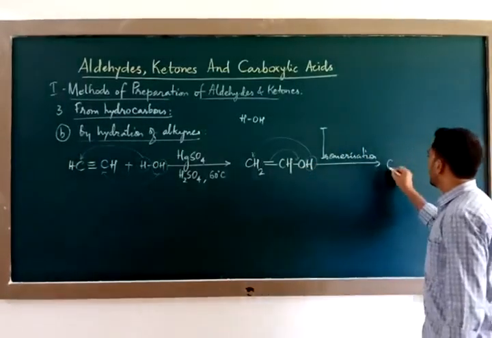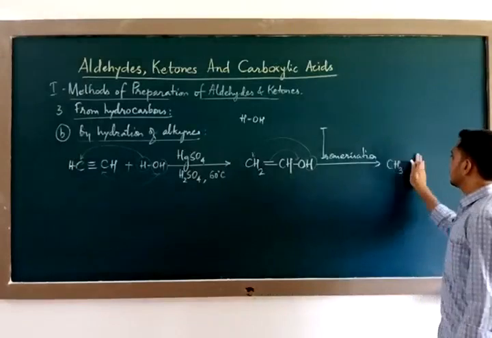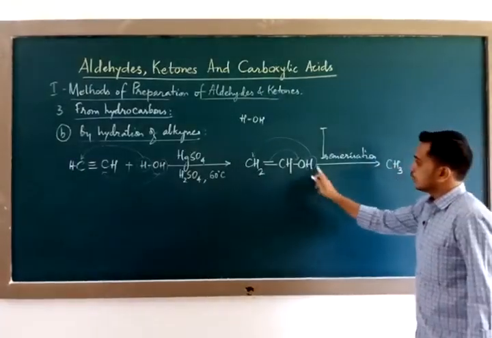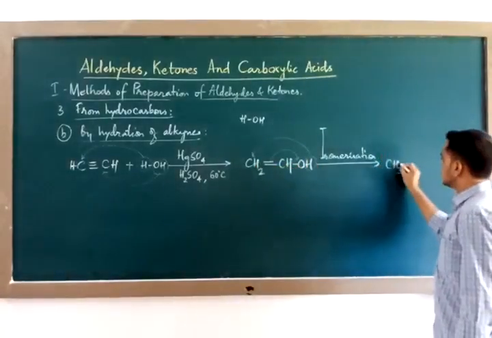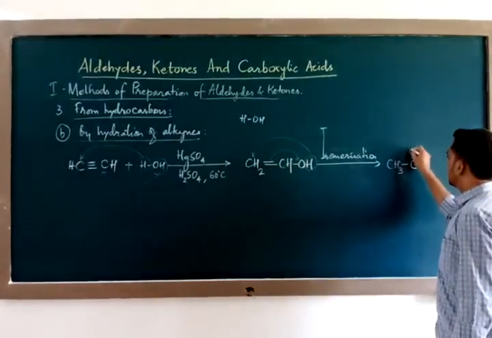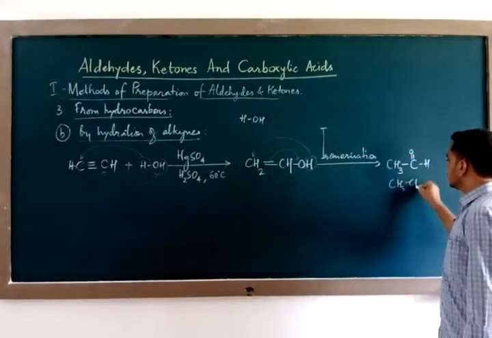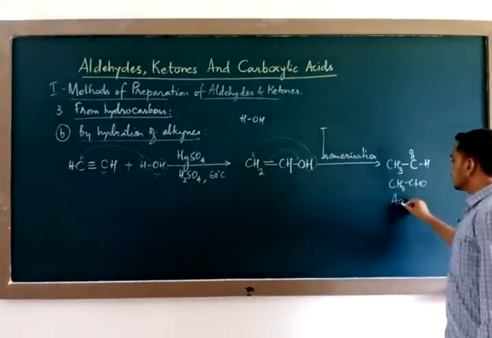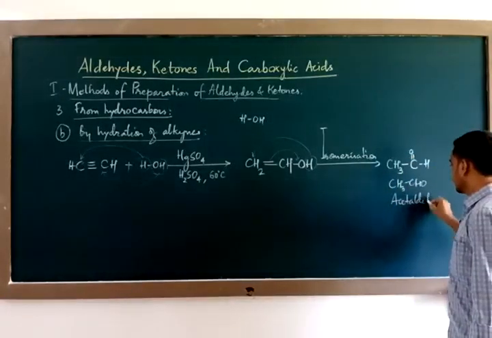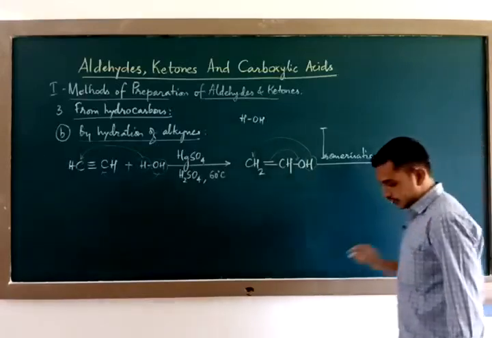Then what will happen? You will have CH3. Earlier it was CH2. One hydrogen is transferred here, CH3, single bond, C, double bond O, or simply said CH3CHO. It is acetaldehyde.